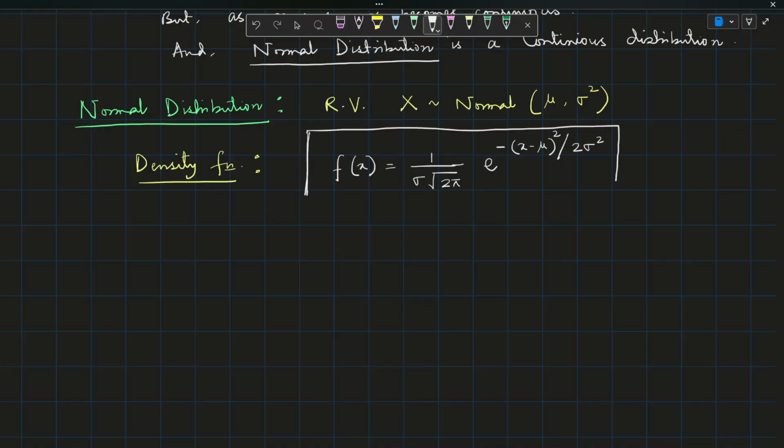This is probably the most famous distribution function in all statistics. So you have to remember this, and remember that x can take values from minus infinity to plus infinity here.